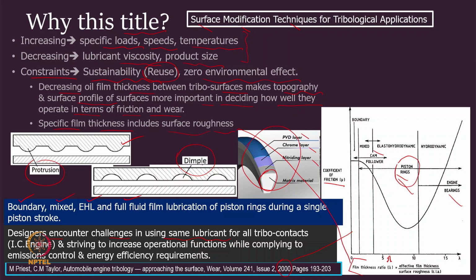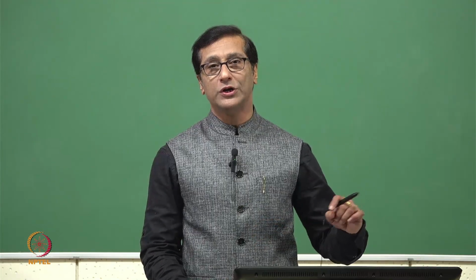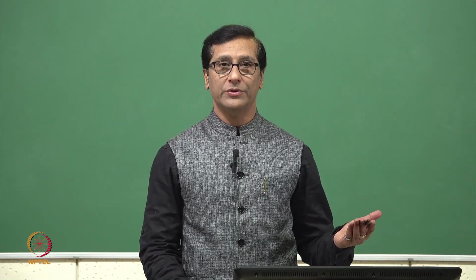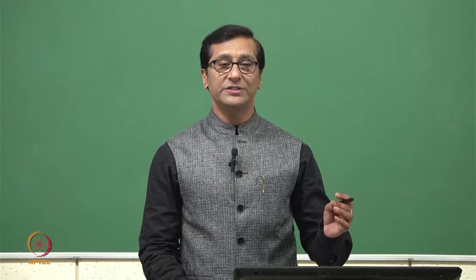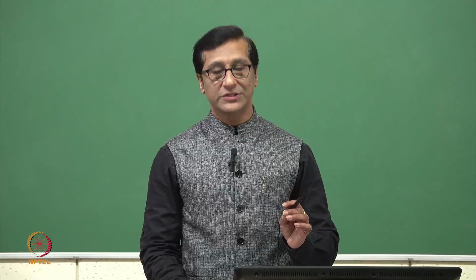So they are using multifunctional layers or multifunctional coatings, and coating thickness may be a few nanometers to a few microns. So we require more and more close manufacturing. From design we are shifting to manufacturing, and we really require manufacturing excellence to get this kind of results.